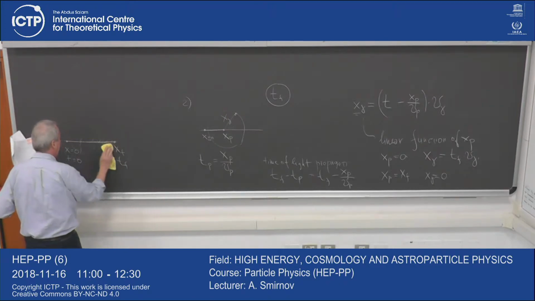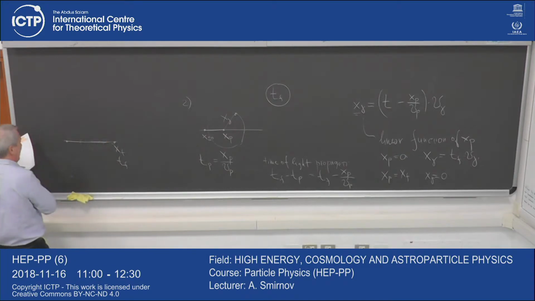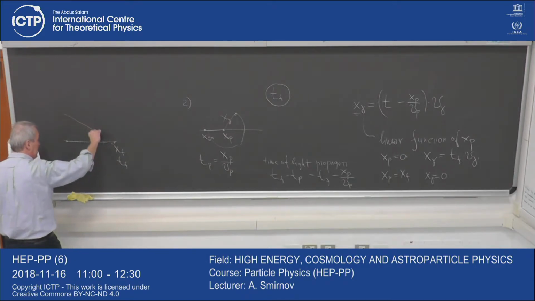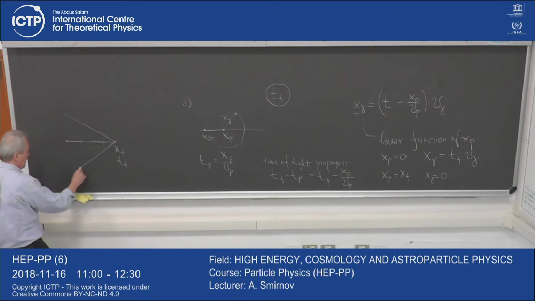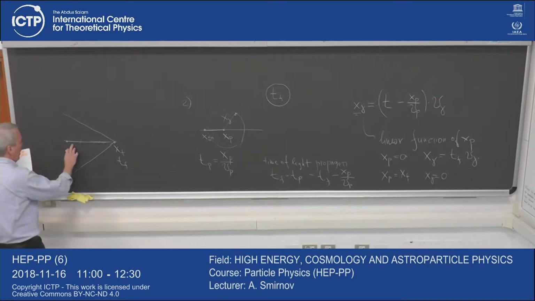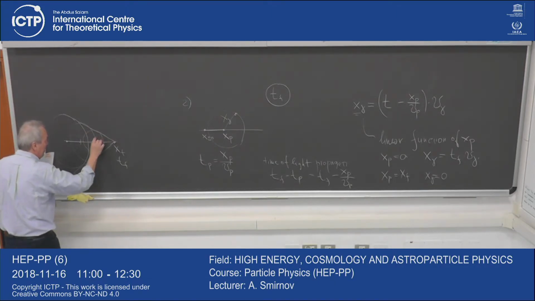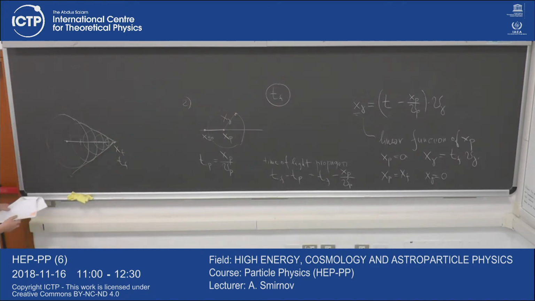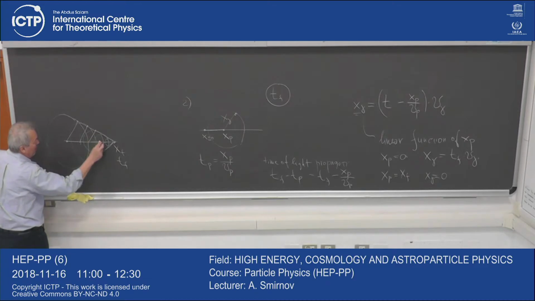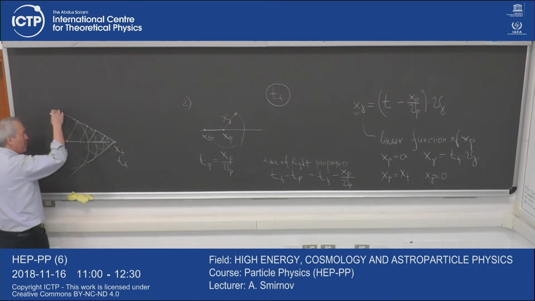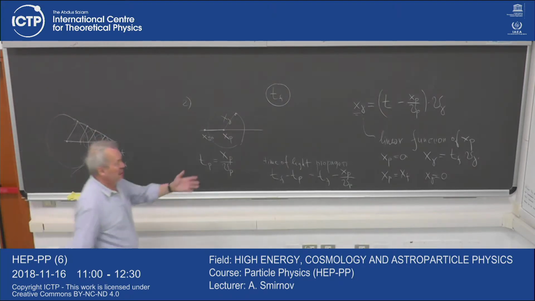So the bottom line from this consideration is that we will have this linear dependence of x gamma on xp, and therefore spheres from different points which are inscribed in this cone, so that all these points form a line. And this you can see from this expression.